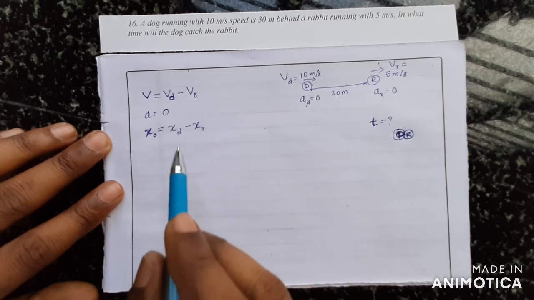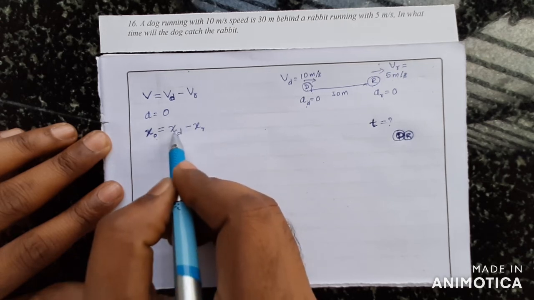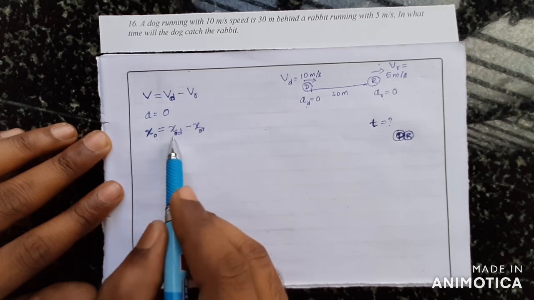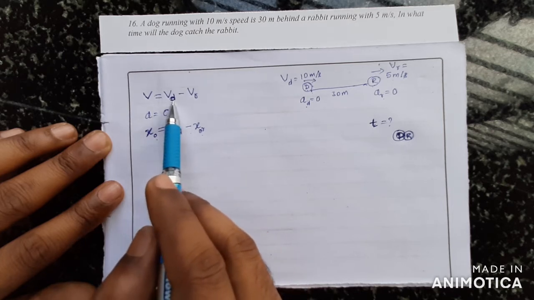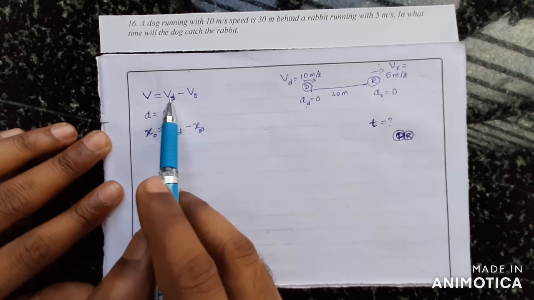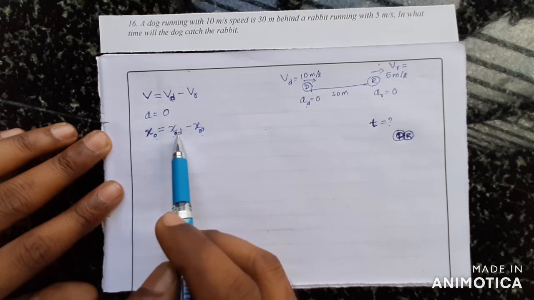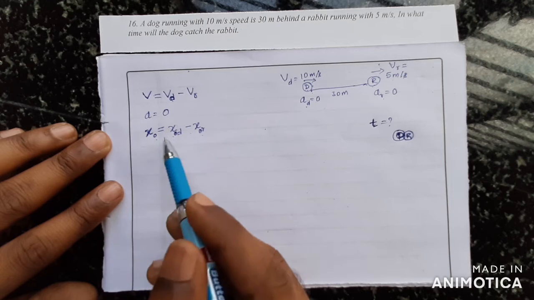So relative position x naught is the initial position of dog minus the initial position of rabbit, because since we took the factors of dog first, I have to take the initial position of the dog first in this situation also.